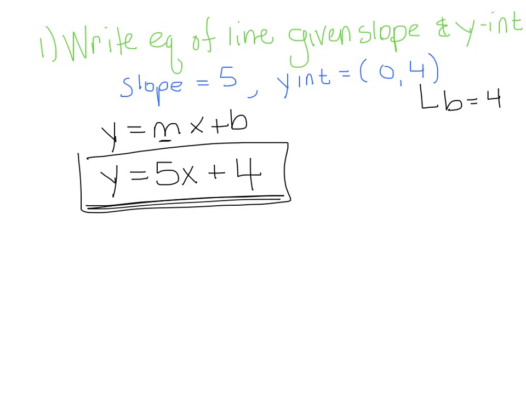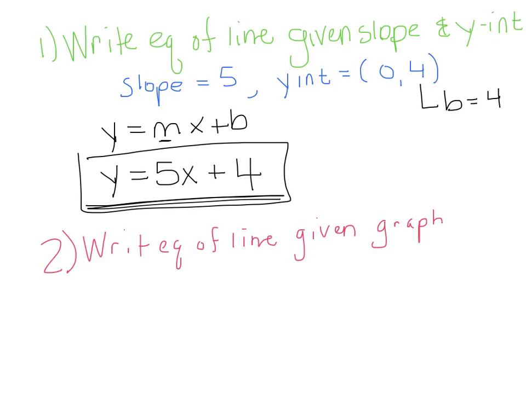The second thing that you might be asked to do is to write an equation of a line given a graph. Here's a pretty picture of one, but I'd rather have it as the equation. So what you're going to be given would be a graph.